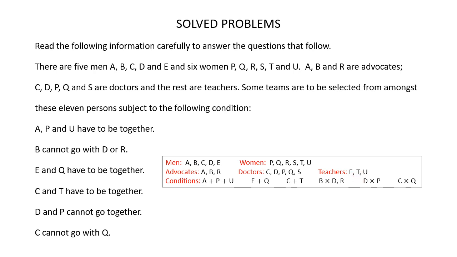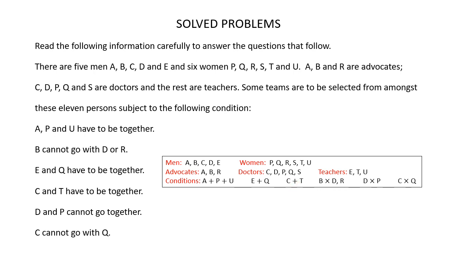Now look at the conditions. It's given that A, P and U have to be together. Now we'll use the plus sign to indicate that the persons have to be together. So here you can see that A, P and U have to be together. Also E and Q have to be together. Similarly C and T have to be together.